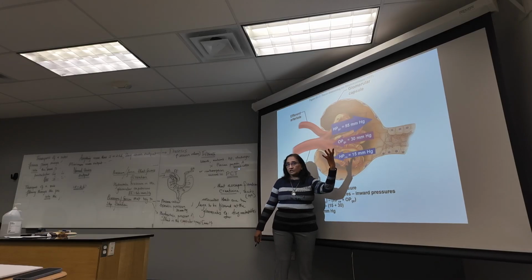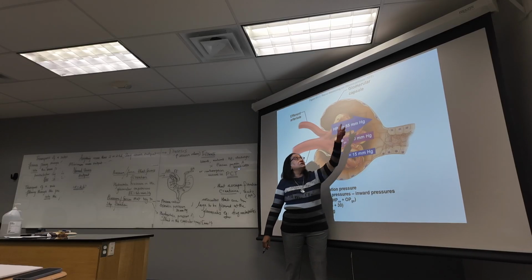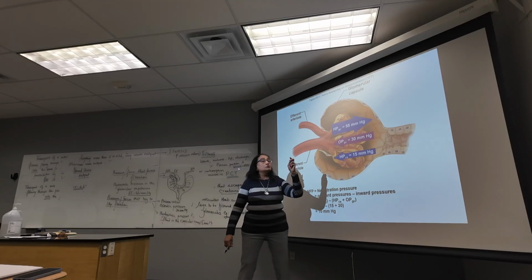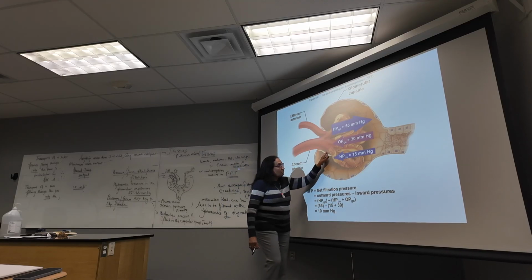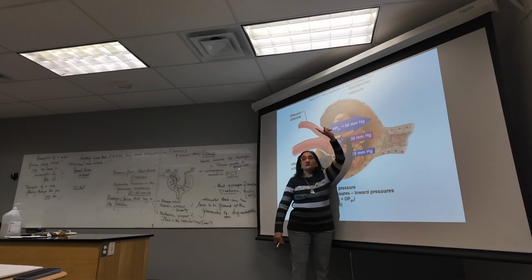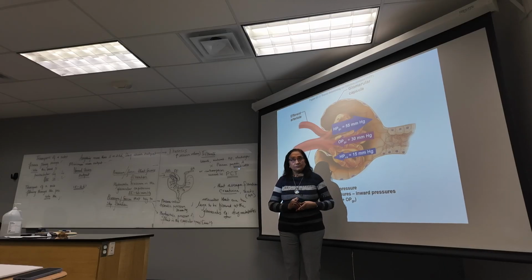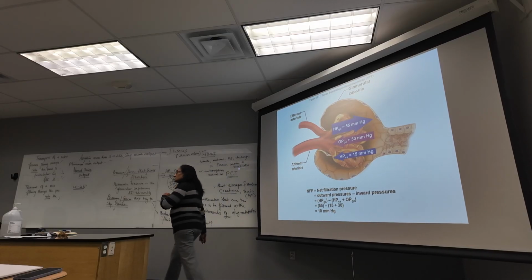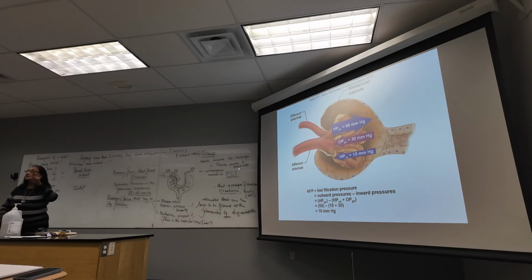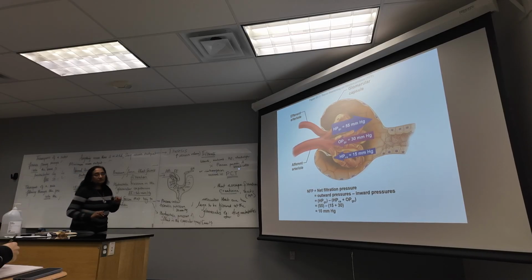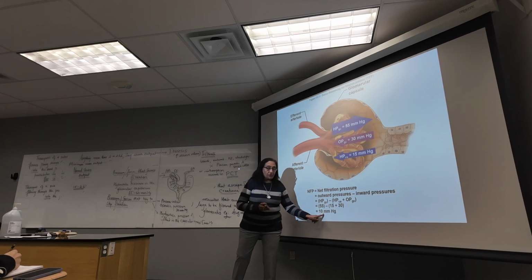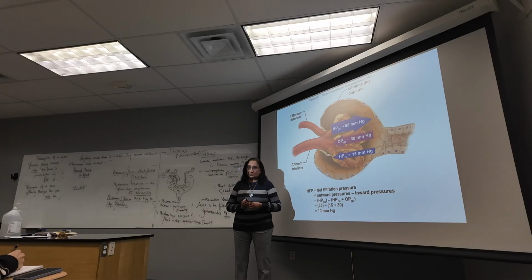This is stronger by about 10 millimeters of mercury. So filtration will occur all throughout the glomerulus until the blood leaves through the efferent arteriole. So this 10 millimeters of mercury is referred to as net filtration pressure, because that's what allows the filtration to occur.